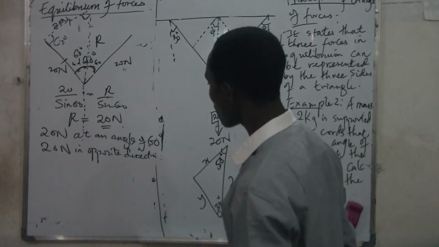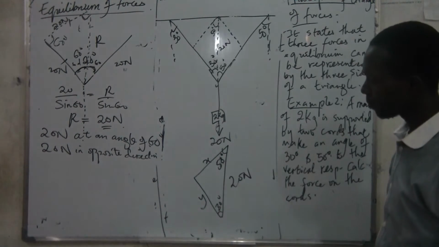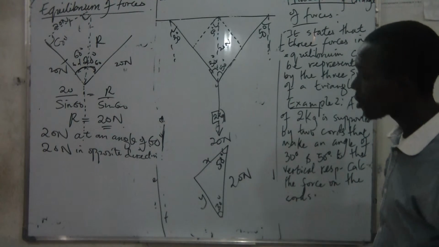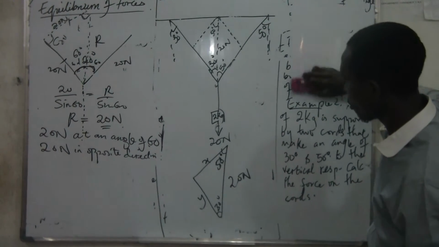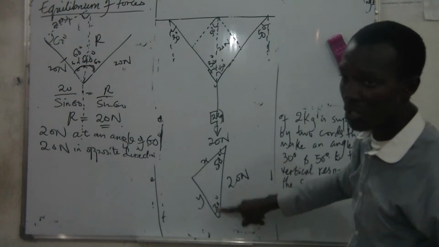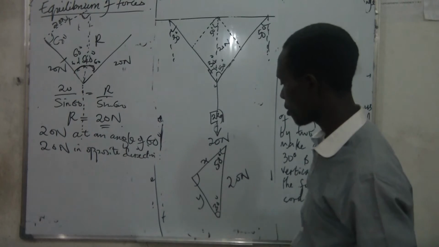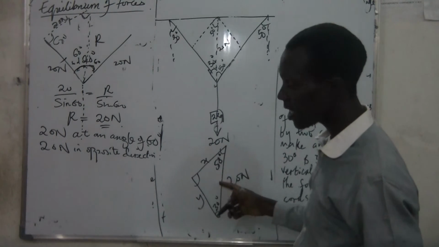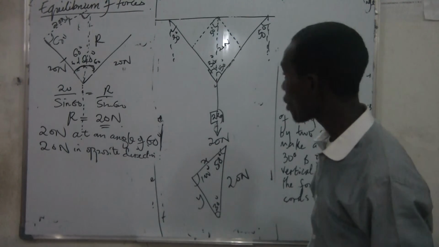So by calculation, we make use of the sine rule or the cosine rule. If this is 30 degrees and this angle here is 50 degrees, what's the last angle here? That is 180 minus 80, which is 100 degrees. So this angle is 100 degrees.